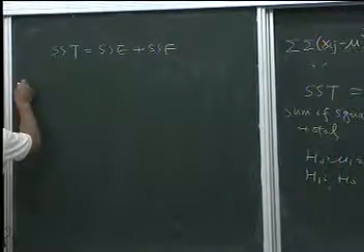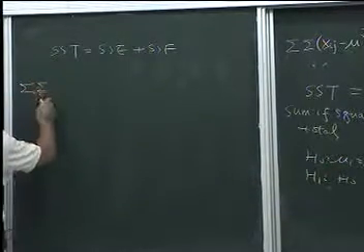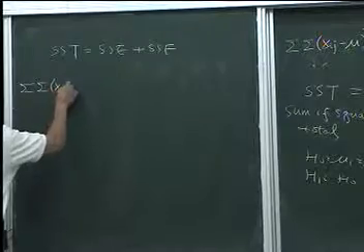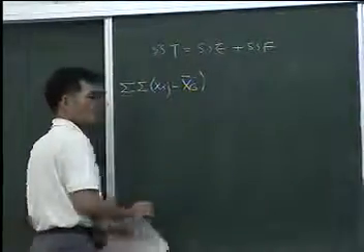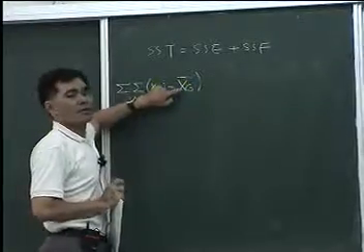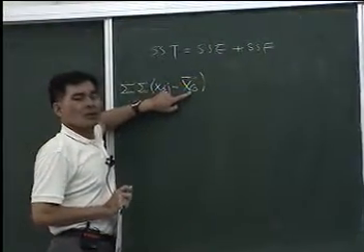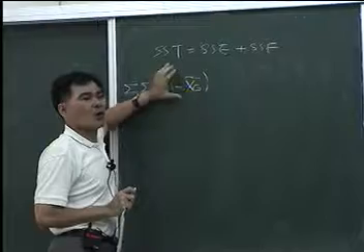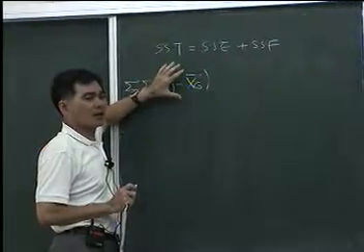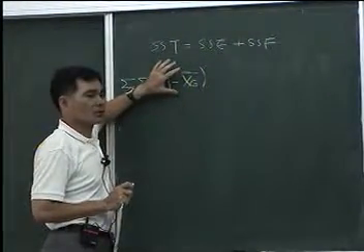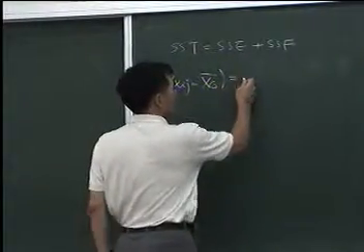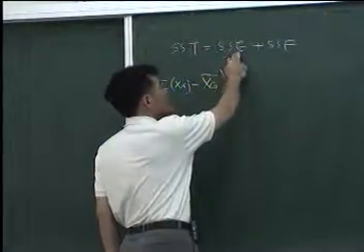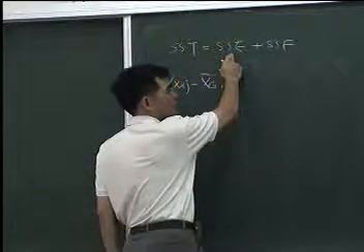So it will be summation, the same thing, xij minus x bar g. That means the sample mean for the whole sample, for everything included.